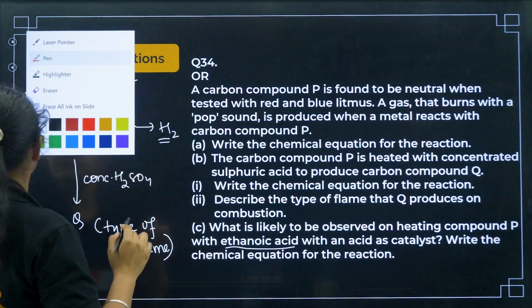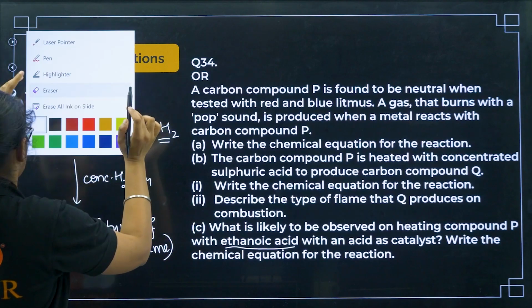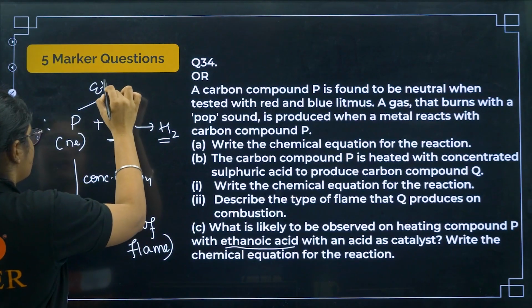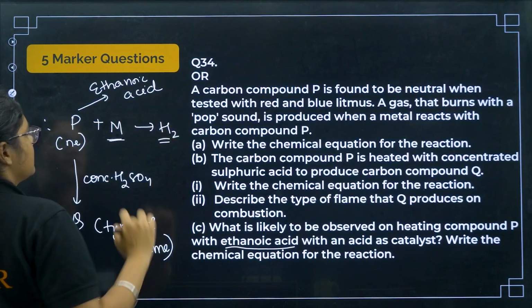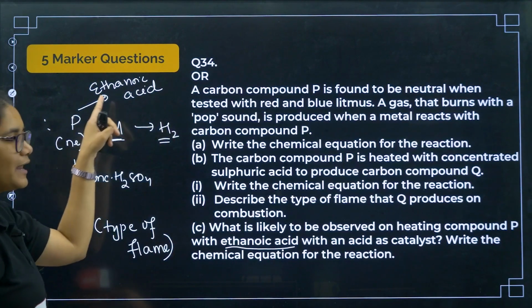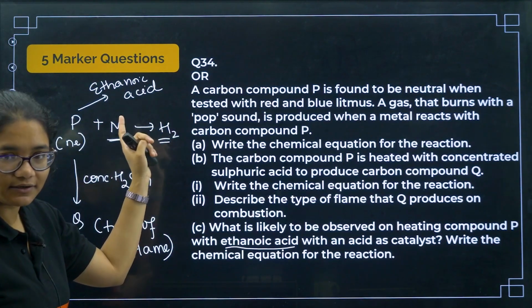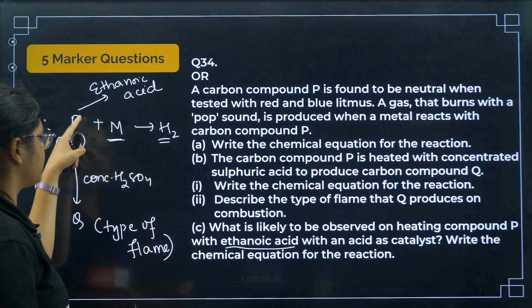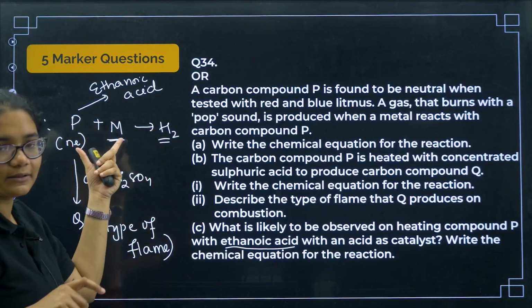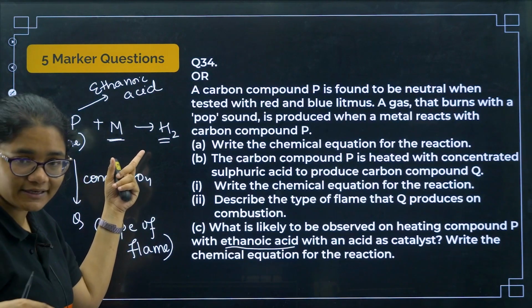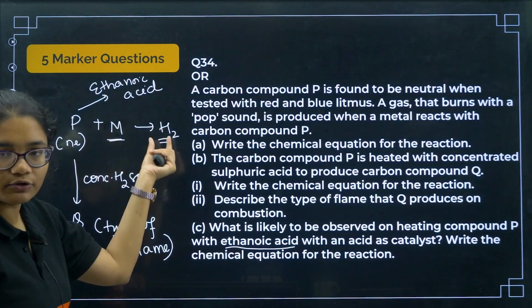So this is your ethanoic acid, and we know a very popular reaction, right? Reactions between an alcohol and an acid will give you an ester. So I can definitely now say that this P is an alcohol, and when alcohols react with metal, alcohols behave as acid, and acid reacts with metal to give you H2.